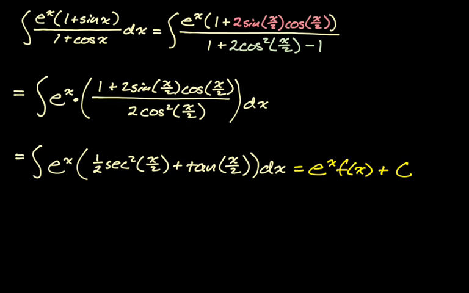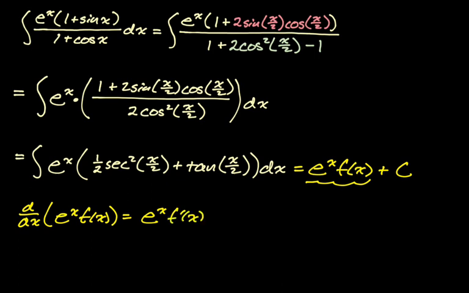This is a useful technique where you just take the derivative of both sides of this thing. So the derivative of e to the x f of x is going to be first times the derivative of the second plus second times the derivative of the first. So e to the x f prime of x plus f of x times e to the x. And then we can take an e to the x out of that. So we get e to the x quantity f prime plus f.